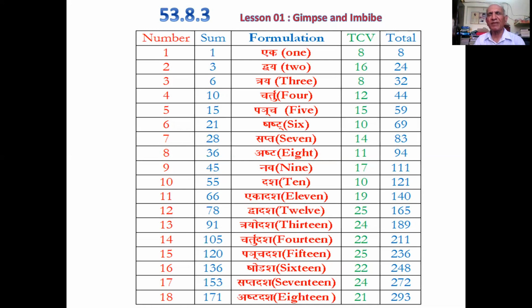One shall glimpse and imbibe as to how number value 1 is a formulation 8, which yields TC value 8. The number value 2 is a formulation 2, which leads to TC value 16. Number value 3 is a formulation 3, which is of TC value 8, and like that.